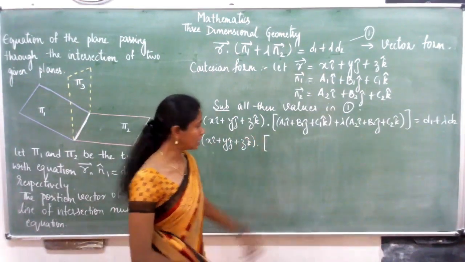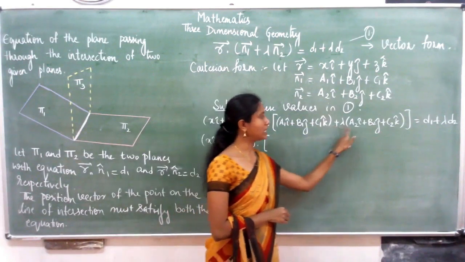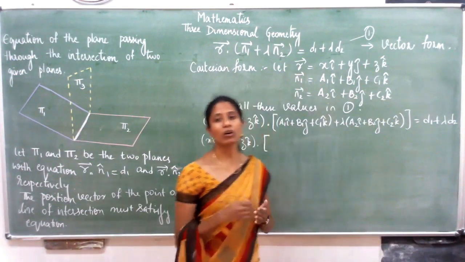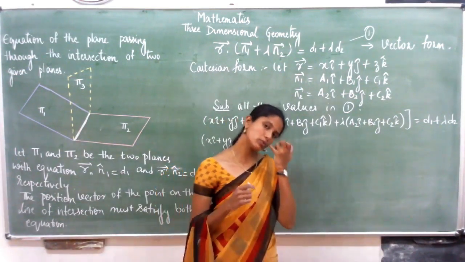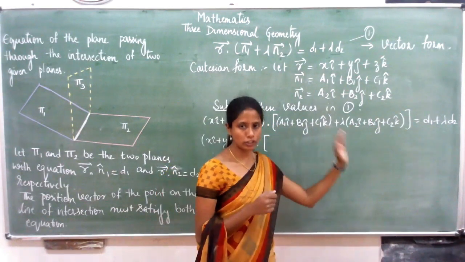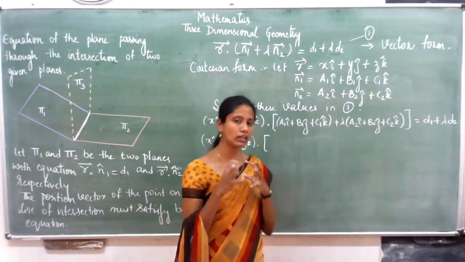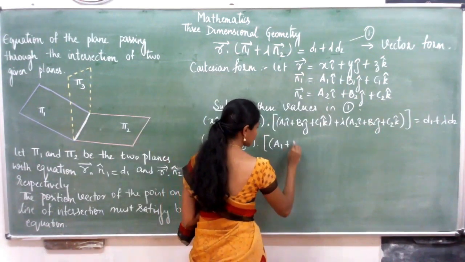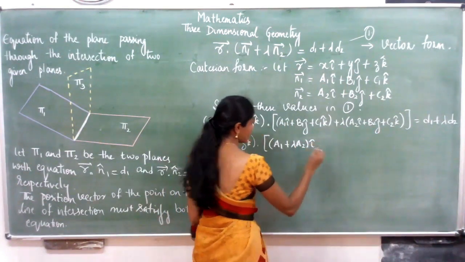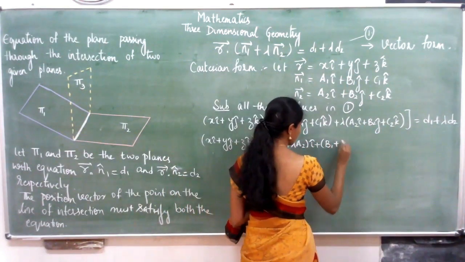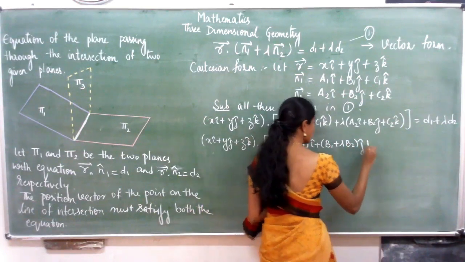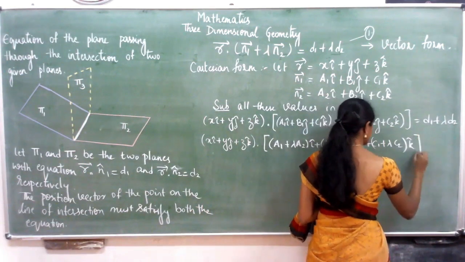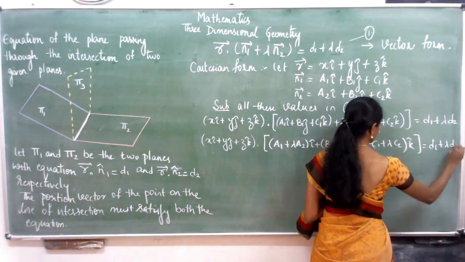Now let us add by first multiplying lambda to the second vector, that is n2 vector. After that, we add all the like terms, those having i cap, j cap and k cap. So when we add, we get a1 plus lambda times a2 into i cap plus b1 plus lambda times b2 into j cap plus c1 plus lambda times c2 into k cap, which is equal to d1 plus lambda times d2.